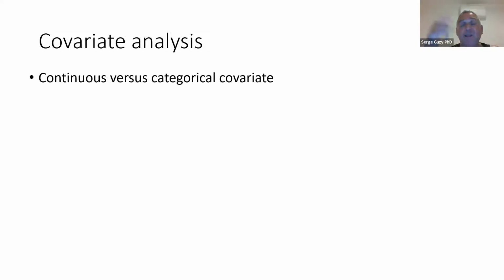If somebody is really heavy, then maybe they are also going to get an amount larger than someone who is less heavy. That's why sometimes you give the drug per kilogram. And all this is coming from the covariate analysis that we need to quantify.